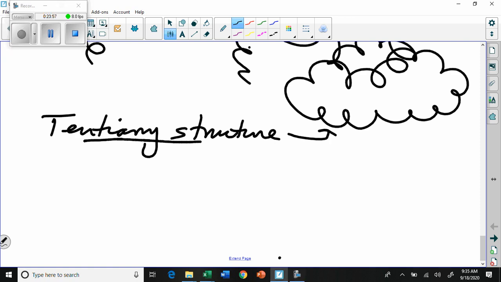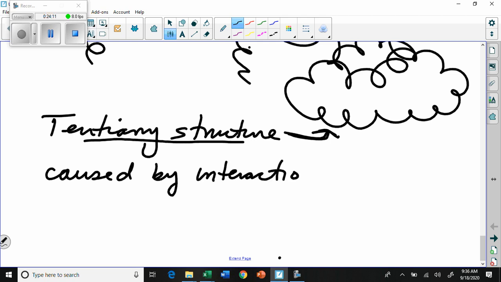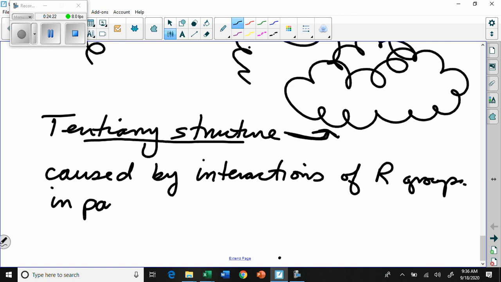So the tertiary structure, which looks like that ball, like a spring all wound up, is caused again by interactions of the R groups. But in particular, you'll notice if you look in your book, we didn't draw any, but there are some amino acids that contain sulfur atoms.